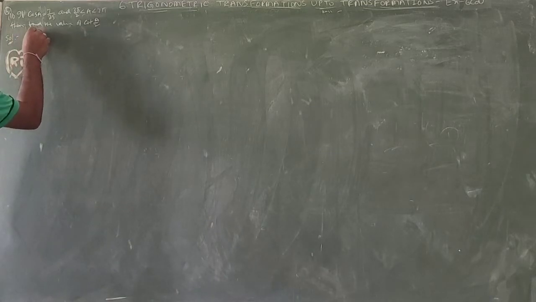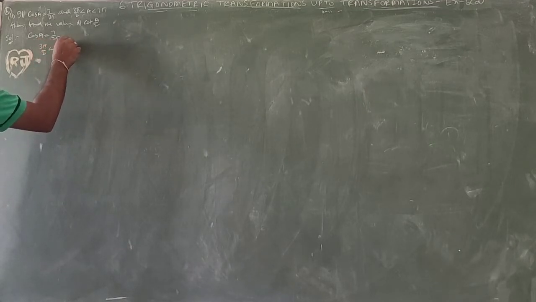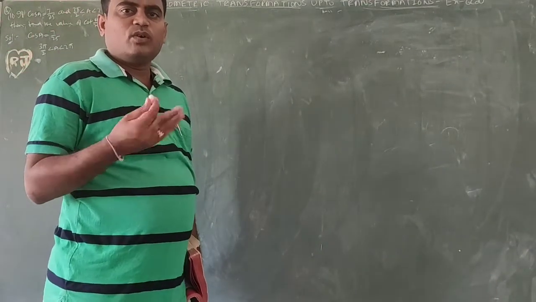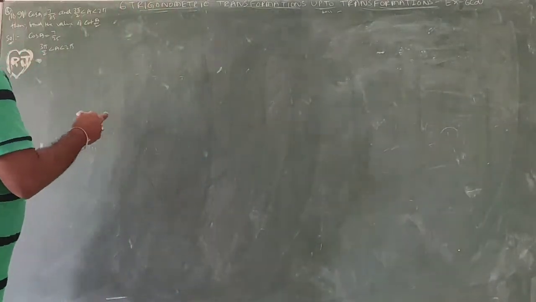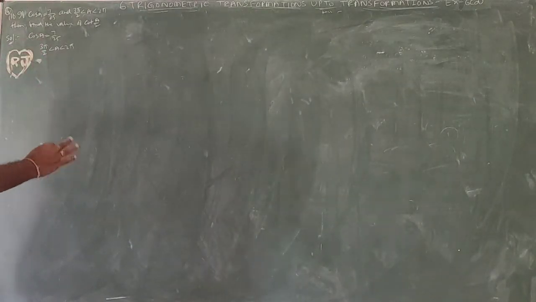Cos A equal to 7 by 25. So 3 pi by 2 less than A less than 2 pi. So the cot A by 2 formula is already in terms of cos only, so we don't need other trigonometric ratios. Cos A we need only.